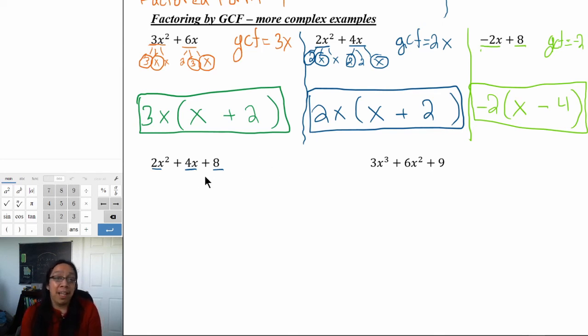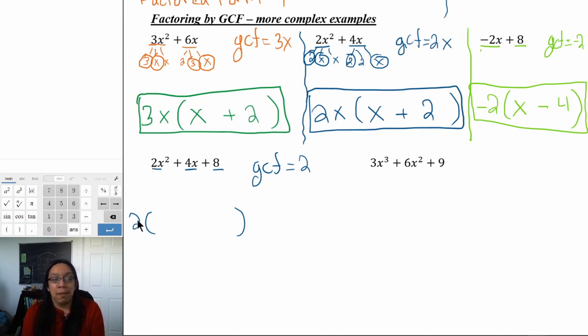So we have to answer the question of, what's the GCF of 2, 4, and 8? Again, you could totally approach this using a factor tree and checking to see what all 3 trees have in common. And if you do, you'll see that the GCF of all 3 terms is just going to be 2. So all we're going to do now is, again, start the factoring process by dividing out the 2 from all 3 terms.